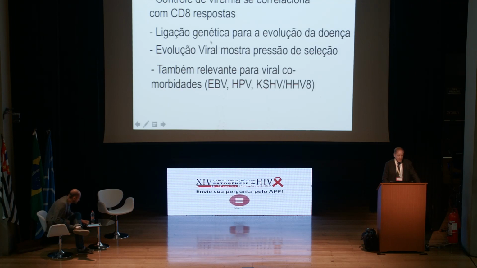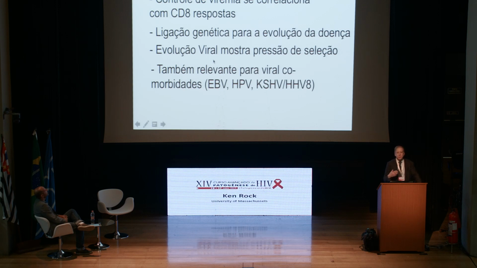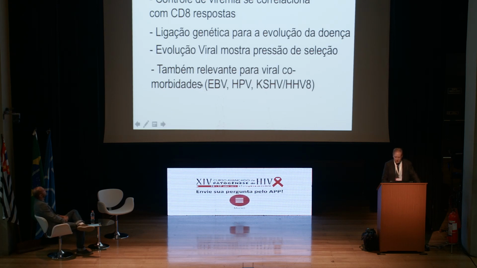And there are genetic linkages towards the evolution of the disease, and I'll talk some more about that. If one also looks at the evolution of the virus, the mutations that it has, you can also show that there's a selection pressure, and I'll talk about that. And this is also relevant because in HIV/AIDS, there are a number of associated viral comorbidities.